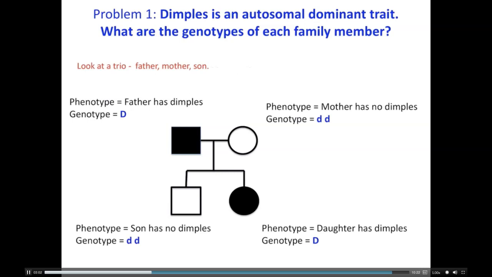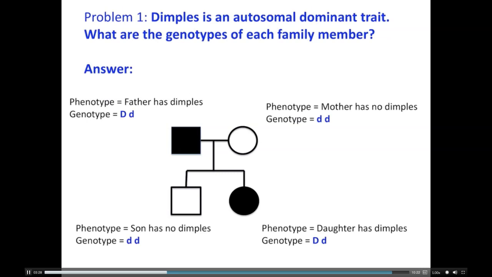The son has little d because he had to have received 1 little d from the mother, and then he must have had little d from the father. And so that shows you that the father had to have 1 big D and 1 little d. So the father was heterozygous.